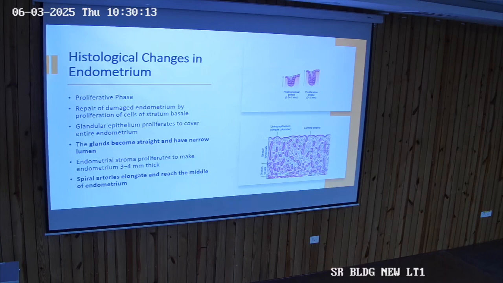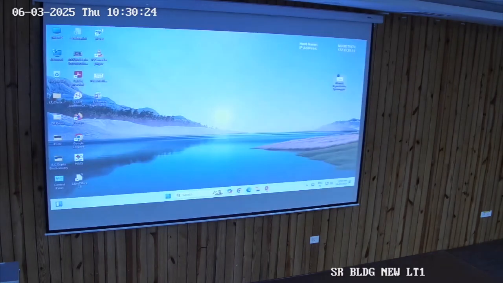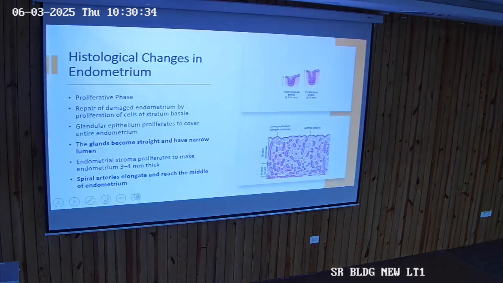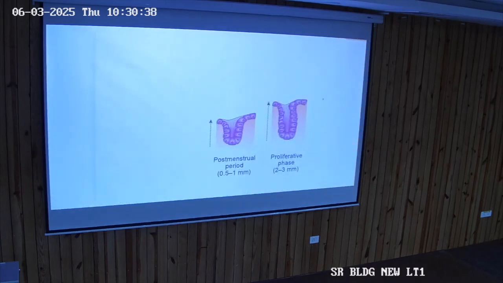Then the histological changes which will occur phase-wise. So first, proliferative phase, which starts after the menstrual cycle. So if we come to this picture, this is the endometrial lining in the post-menopausal period.